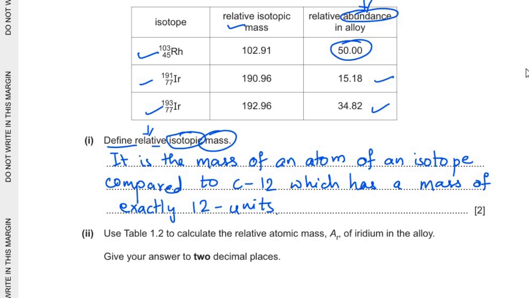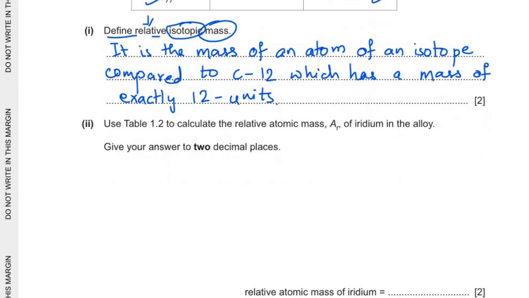Okay, so here it is compared. Relative is something in comparison with. So if the isotopic mass of an atom of an element is compared to what? It is compared to carbon 12, which has a mass of exactly 12 units, and that's how it is relative.